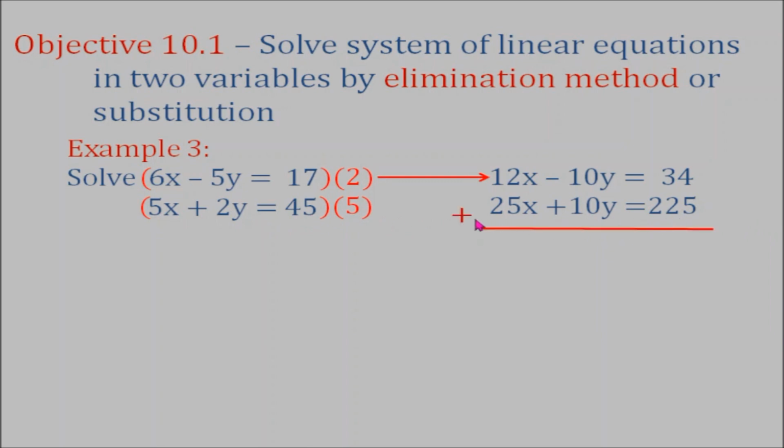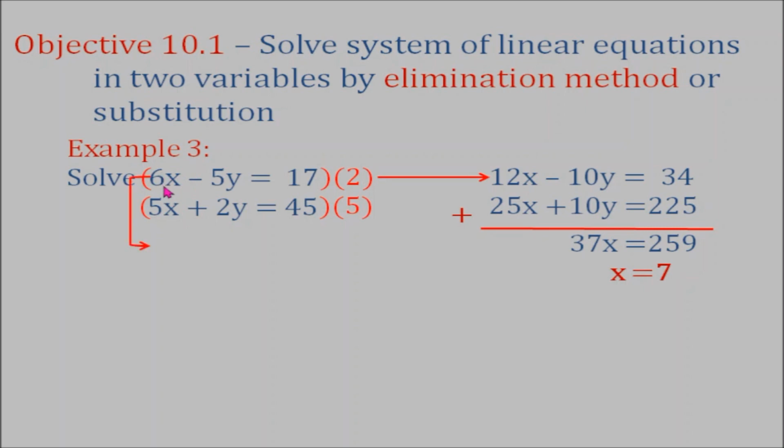Now adding the two equations, y will be eliminated because we have -10y plus 10y. So 12x plus 25x equals 37x, and 34 plus 225 is 259. Dividing both sides by 37, x equals 7. Now to solve for y, we can use either equation, substituting 7 into the x.